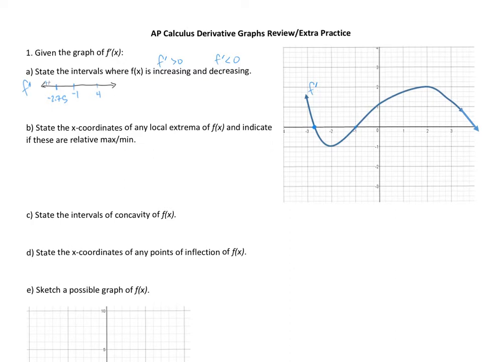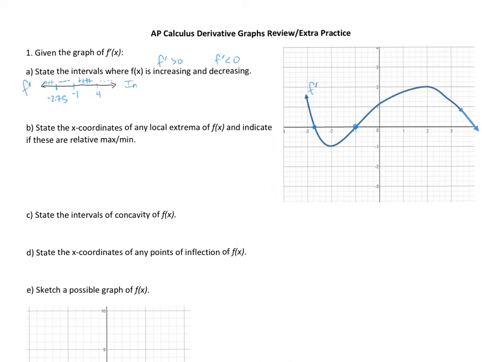From negative 2.75 to negative 1, it's below the axis, so I'll label these as negative. And then from negative 1 to 4, it's above the axis again, and then below the axis. So these are my intervals of increasing, decreasing.